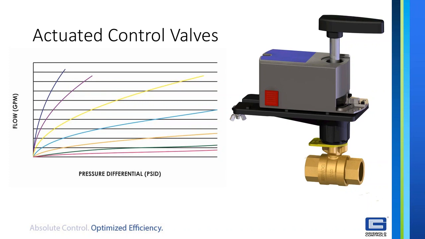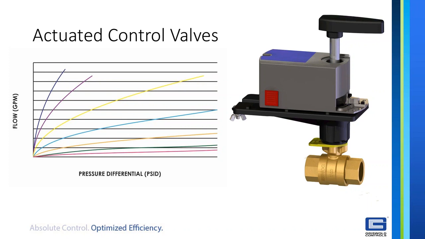So in this graph you see on the left side, we've got different colored lines to represent the flow versus the pressure for a valve at different open positions. For example, the dark blue would be a fully open valve. If that valve is fully open, you can see the flow on the y-axis will increase as the pressure differential changes.